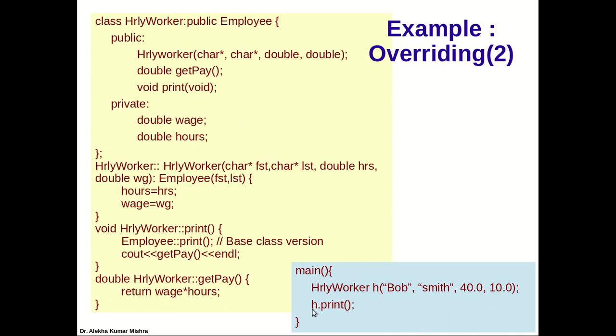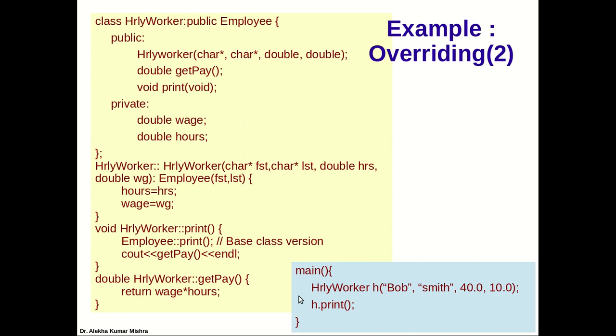When we call h dot print, it is going to invoke this function, but first it is going to call the base class version of the print, which prints the first name and the last name. Then it is going to call get pay, which is another member function of this class. Get pay is invoked to calculate the wage and hours for the object h, and it is going to print the pay of the hourly worker h.